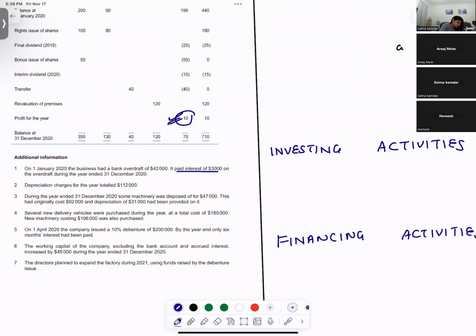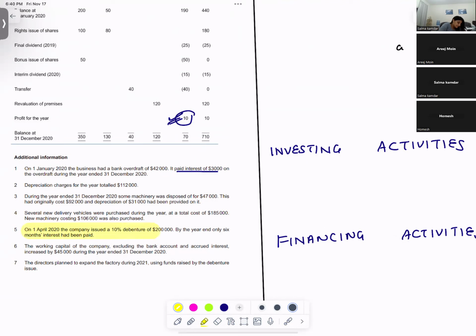Check. There is depreciation, but depreciation doesn't count. I'm just seeing if there is any other interest. There is machinery, there are delivery vehicles, there is accrued interest. Now there is interest paid, you have to see.